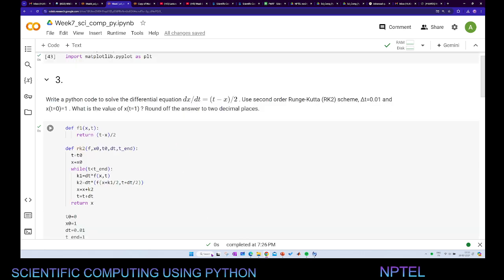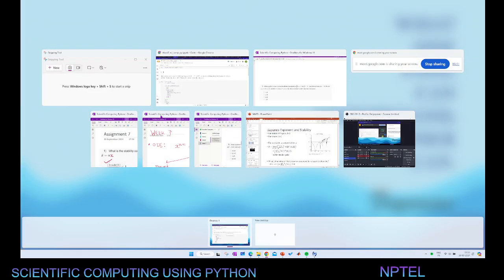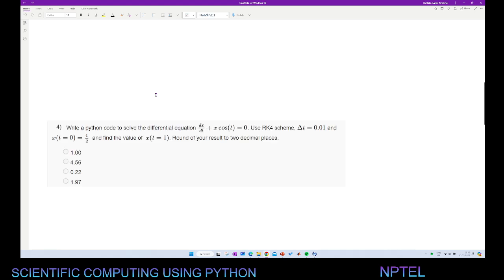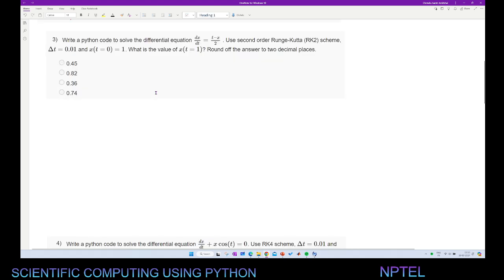So let's do that quickly. These are slightly more complicated equations than the previous assignment, but I realized they are still doable.